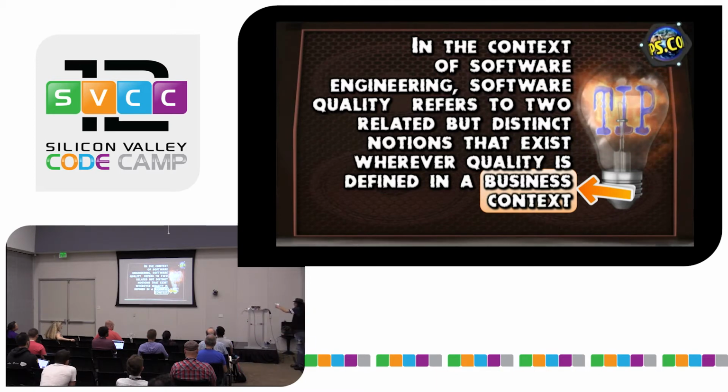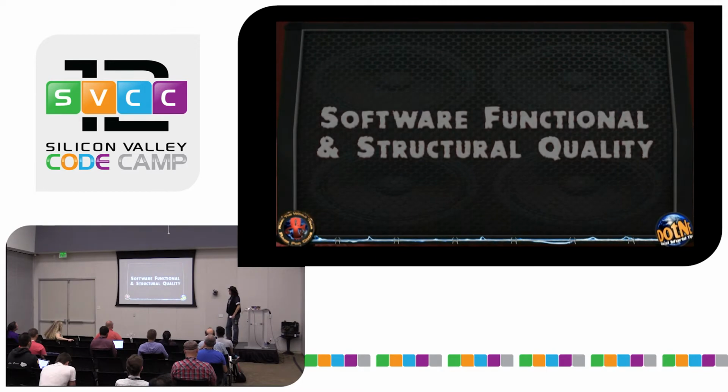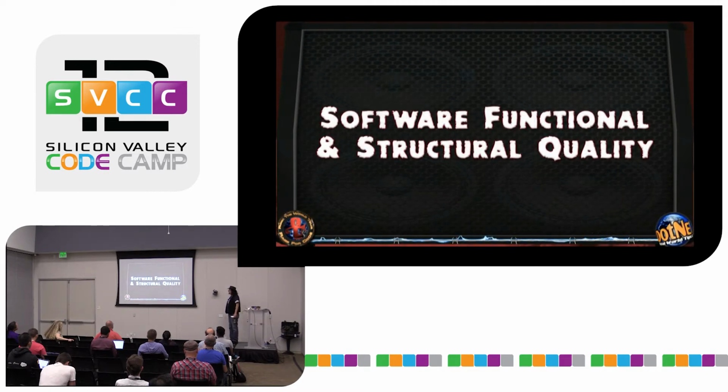So this is what we're going to be talking about, is how software code quality or software quality is how you do it for your business software. But most everything I talk about can be applied to anything, but I want to get you on the same page as I am. And we're going to be talking about software functional and structural quality, a lot of things.